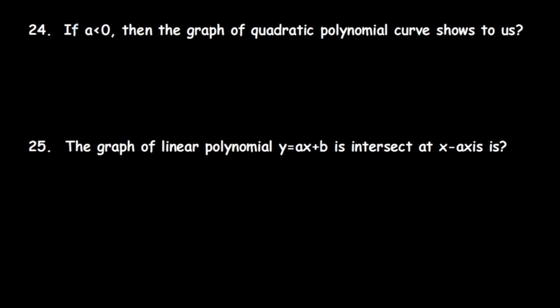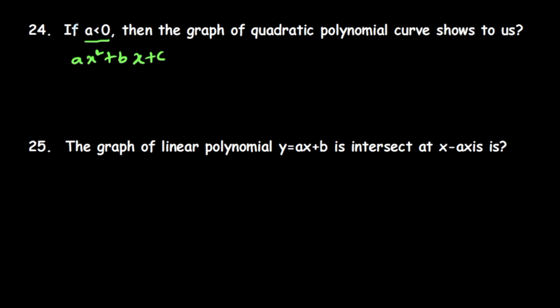The next question, 24: if a is less than 0, then the graph of a quadratic polynomial curve shows us what? The question is given here, a less than 0. A less than 0 means negative. The general form of a quadratic polynomial is ax square plus bx plus c, and with this we get a parabola.